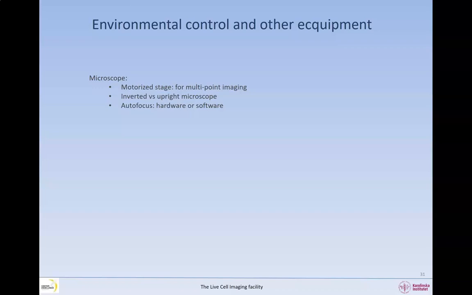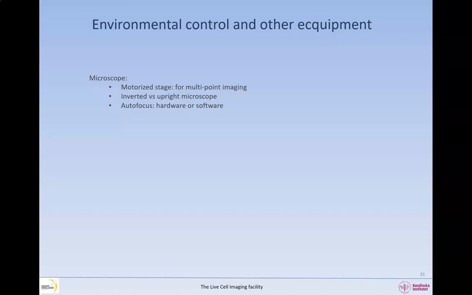If performing live imaging with an upright microscope, you will be limited to a few positions within a larger carrier, for example a dish, and will also require a dipping lens objective.